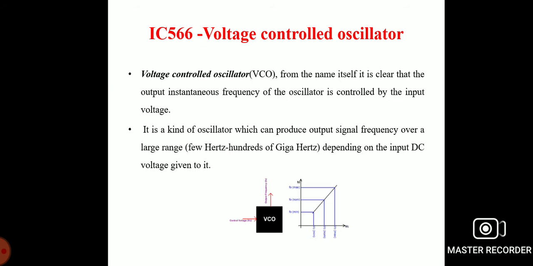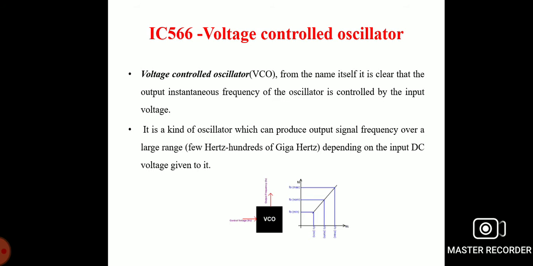However, if it is of RC oscillator type, the oscillation frequency of the output signal will be inversely proportional to capacitance. In the case of the LC oscillator, the oscillation frequency of the output signal will be equal to 1 over 2π√LC. So the controlled oscillation can be higher or lower.